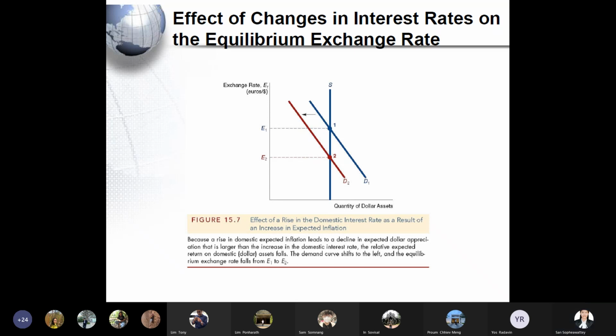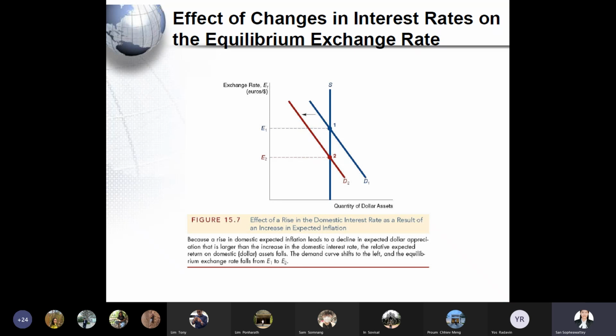So in this case, the nominal interest rate changes for two reasons: either the real interest rate changes or the expected inflation changes. So the effect on the exchange rate is a little bit different. We're just focusing on the domestic real interest rate increase. The nominal interest rate will increase while the expected inflation is assumed to be unchanged.